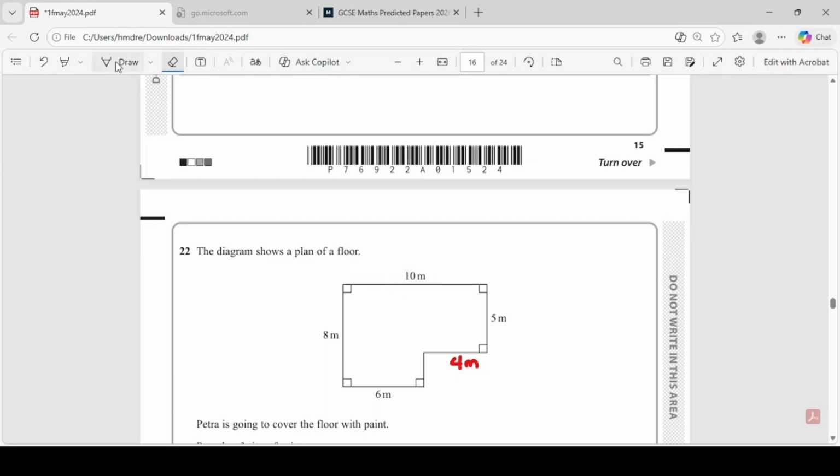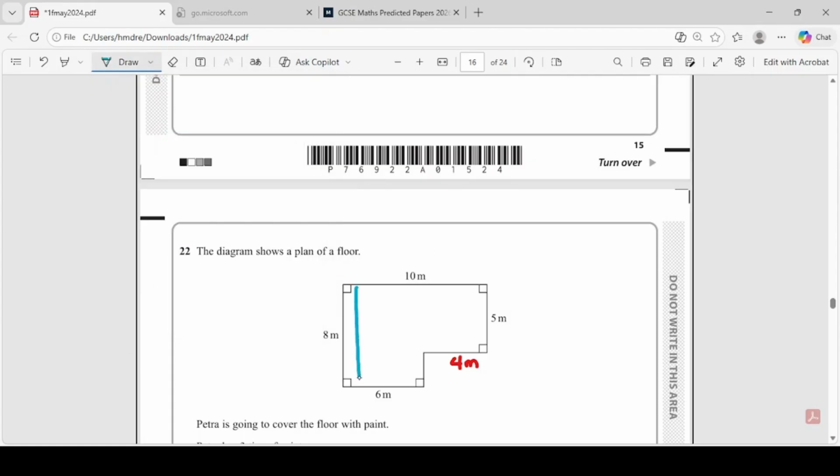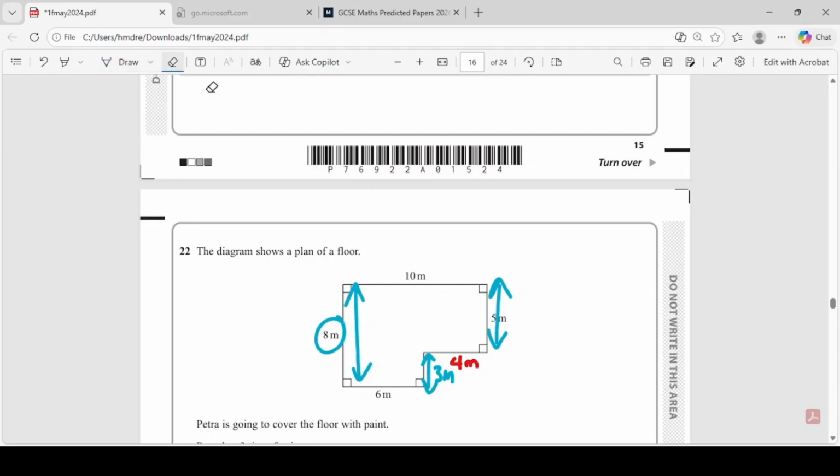And then the same thing for the other missing value. We've got the total value here is 8, and this part here is 5. So this missing part here has to be 3, because 5 add 3 will give us that total of 8. Okay, so that's our first step: just find all the values that we're working with.